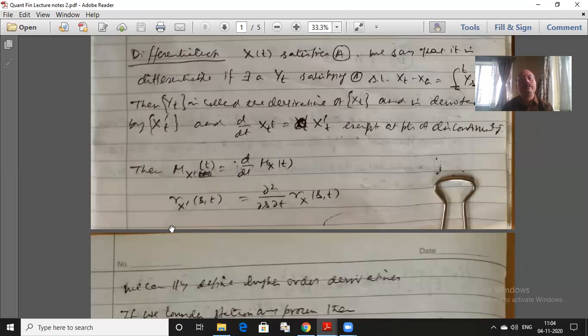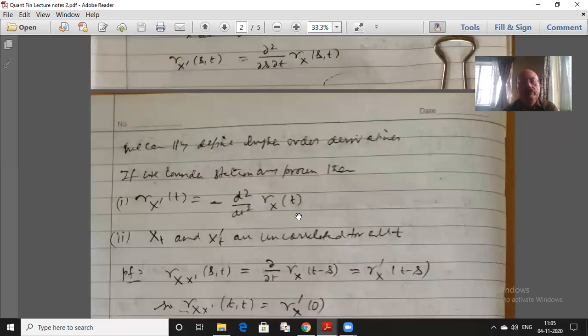And the covariance of x prime s and x prime t, the autocovariance, will be given by del 2 del s del t of the covariance of x_s and x_t. So these are to be understood in the reverse way through the integration definition, and then you can easily establish these things. But again, if you want to see the details, well, Portstone.